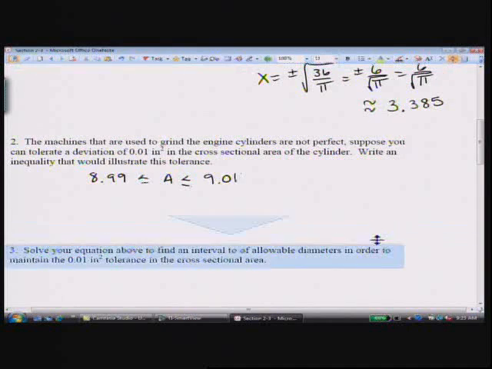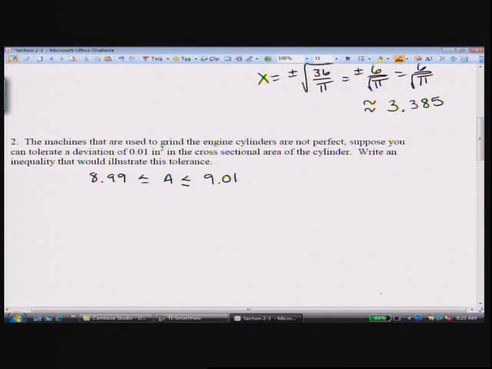So he or she has to figure out what diameter, and then also what tolerance they should calibrate their machine to. And it won't be 0.01. It'll actually be even more precise, because when you go to compute the area, you incur more error, and so you have to be more precise.